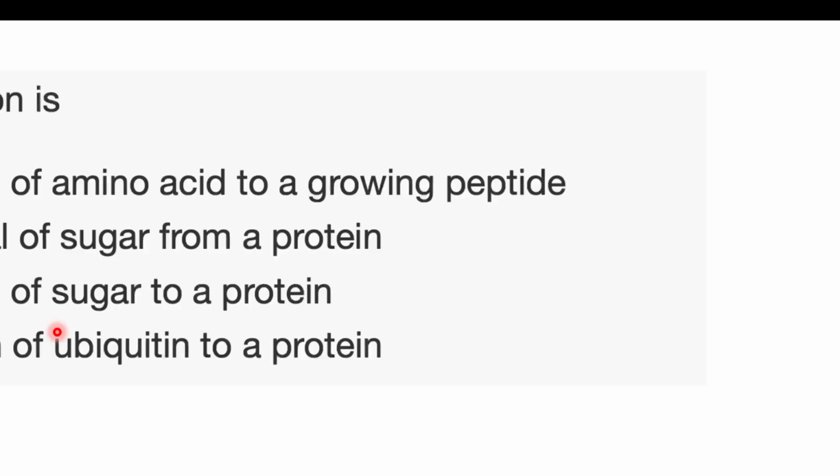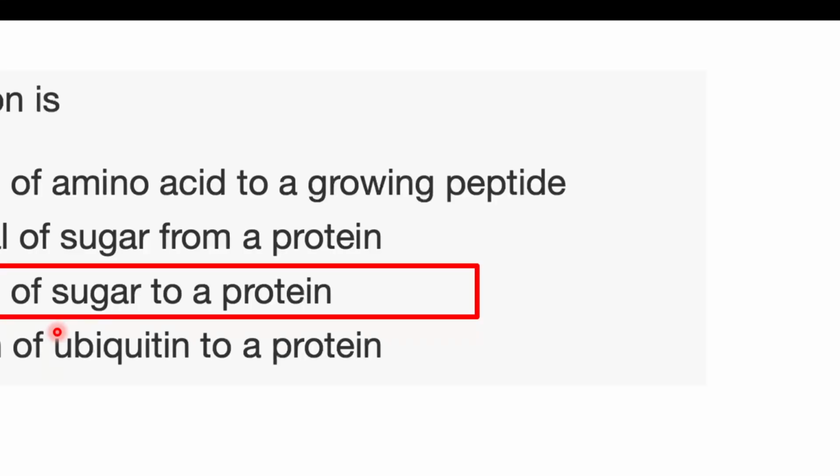Shanmuga is saying option C. Shravani says B. Okay. I think that's it. Now let me reveal the correct answer to this question. The correct answer is addition of a sugar to a protein.